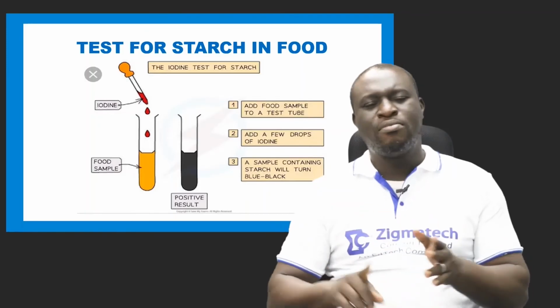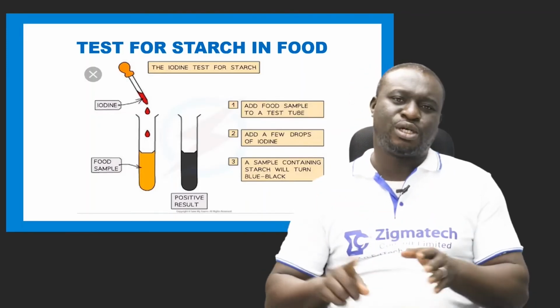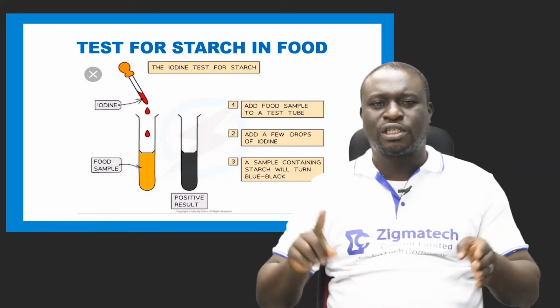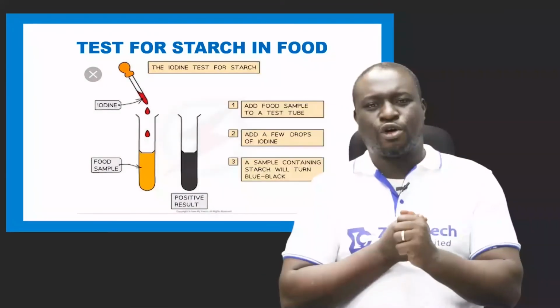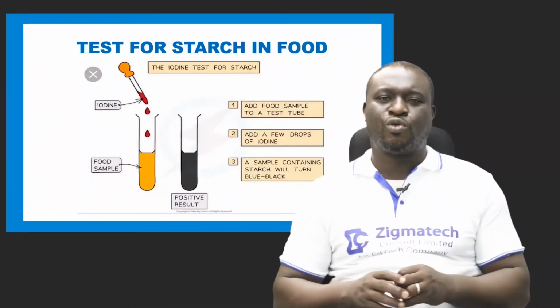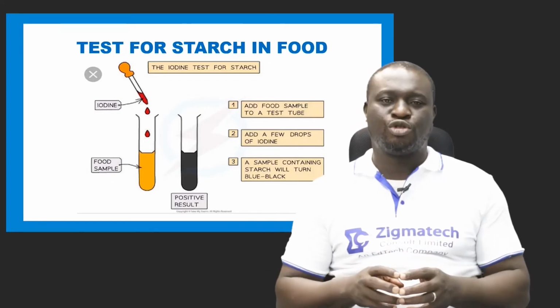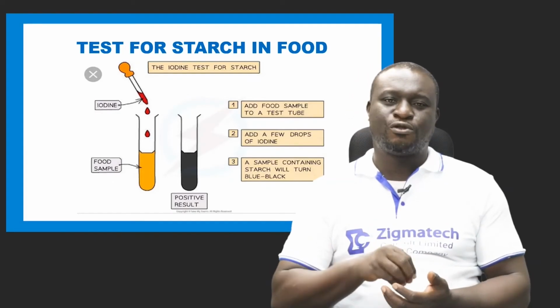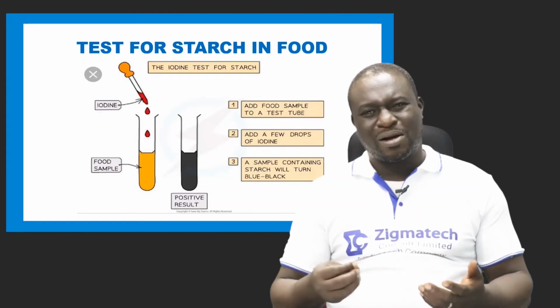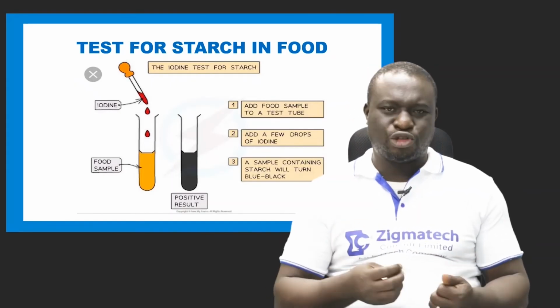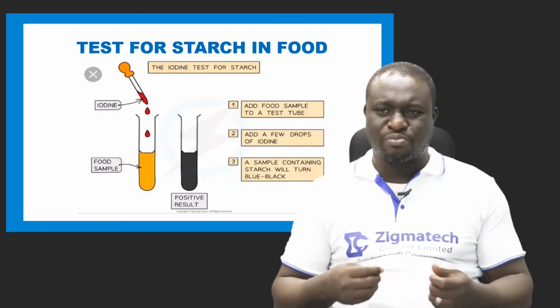You start with the aim, you go to the apparatus or materials, your methods or procedures, observation, and then your conclusion. Now, when you want to test a particular food for starch, what you do is this: get the food sample, probably in a solution. Let the food sample be in a solution preferably.